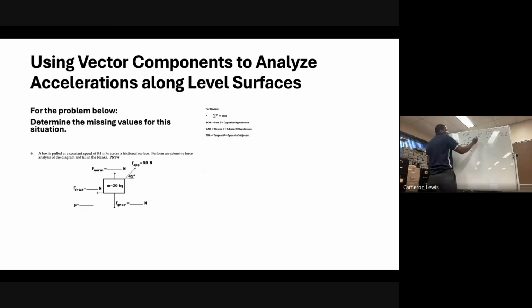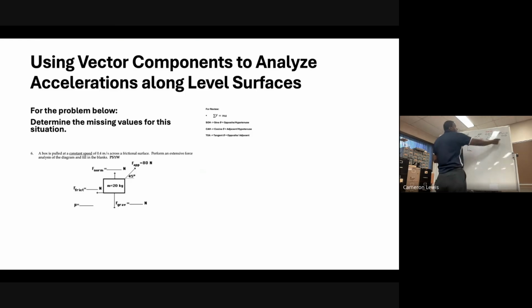This is going to have F applied X and F applied Y. My left must equal my right, so my F applied X, because this is in equilibrium with no acceleration, must equal my frictional force.